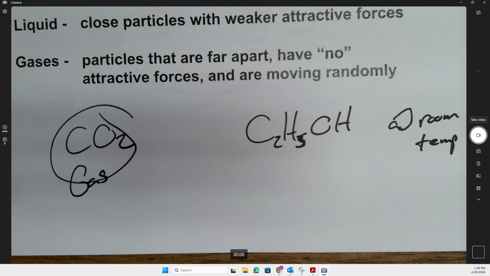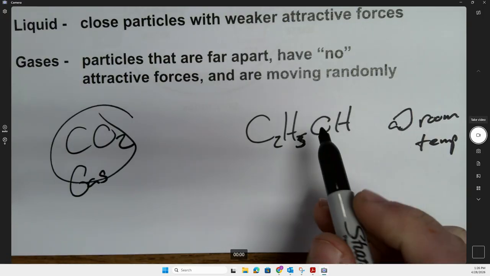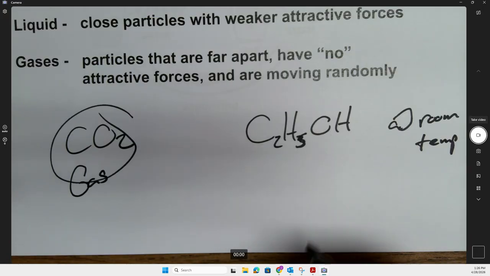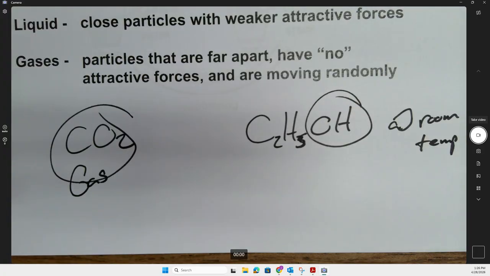Why is only carbon dioxide a gas? Ethanol, I mean, it's got pretty much everything that our buddy carbon dioxide has. That's fine. What makes it not a gas at room temperature? That OH group.